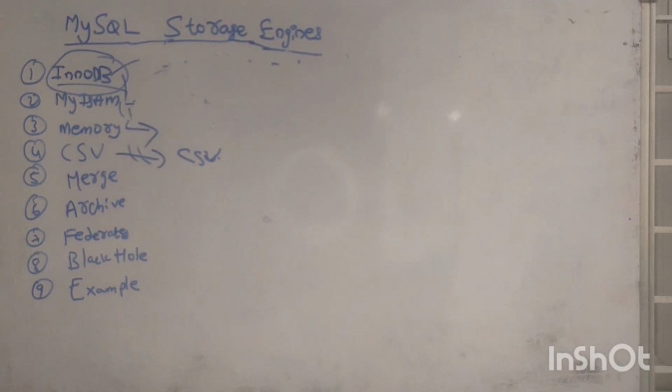Then coming to the archive storage engine. The archive storage engine is used for high speed compression of data. It is optimized for high speed inserting.